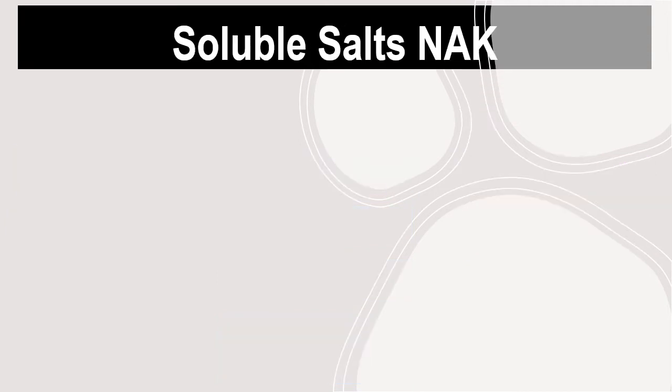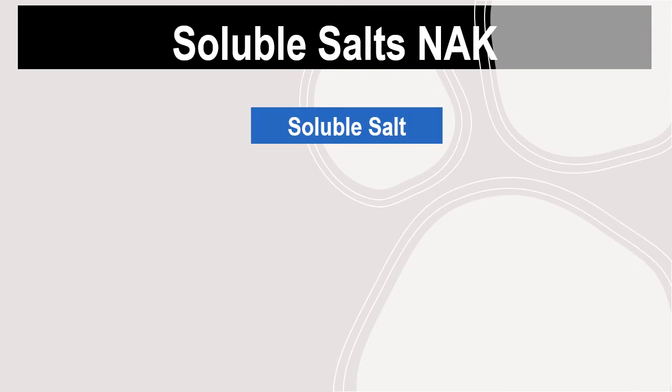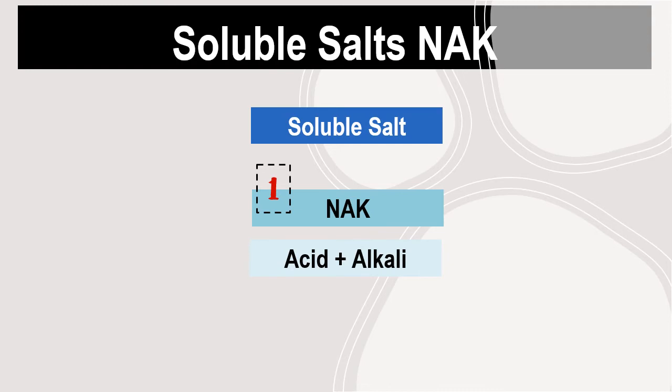Okay, now we move to the step taken to prepare soluble salt, which is NaK salt. So macam yang cikgu sebut tadi, cara nak prepare dia adalah menggunakan reactions between acid and alkali.